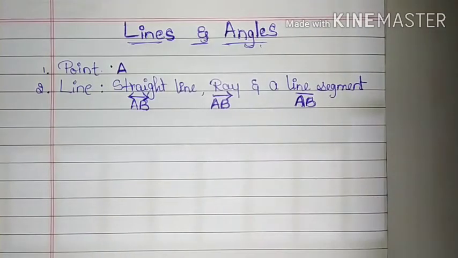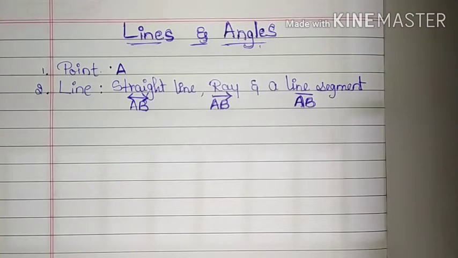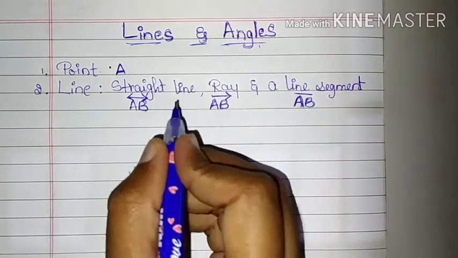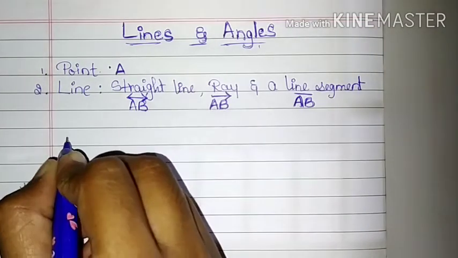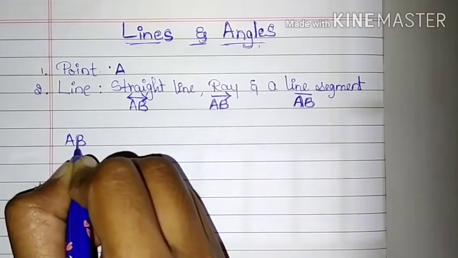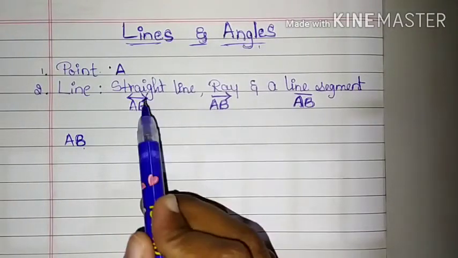But in the chapters which we will study in the future, we do not use these kinds of notation. It is understood whether we are dealing with a line, ray or a line segment based on the context or the situation itself. We will just write AB. We do not use these notations, but these are the actual notations.